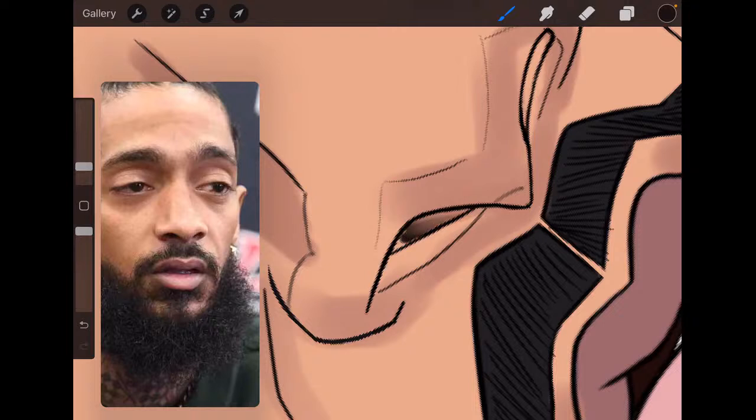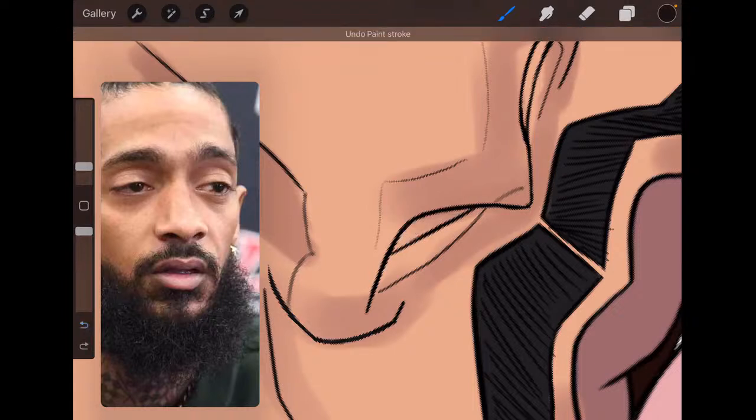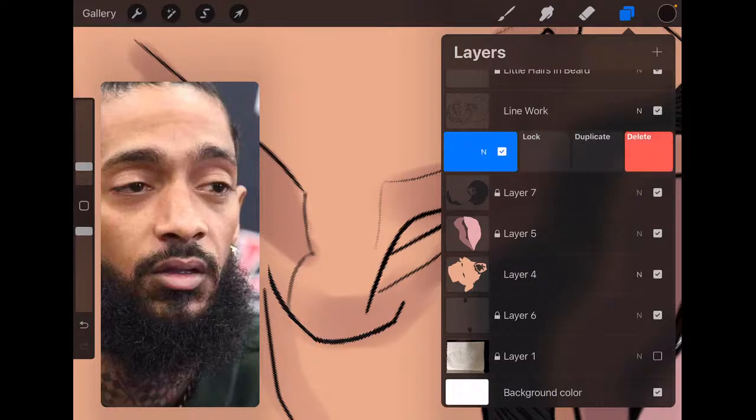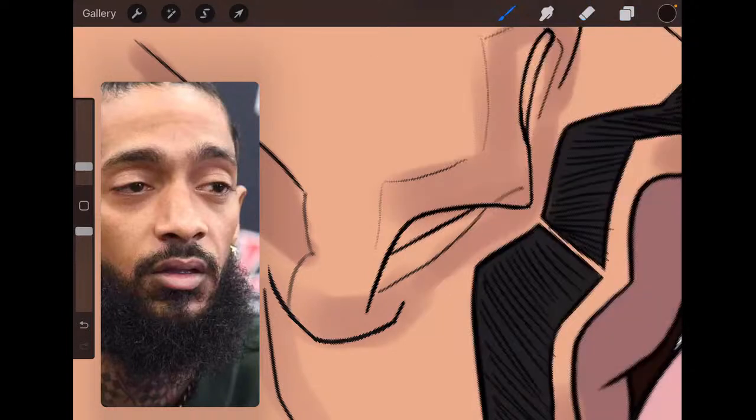So we have a conflict going on with the layers, so I have to figure out what's going on there. There's something above it. It's this. Okay. Unlock. Erase. Whoops. Erase.